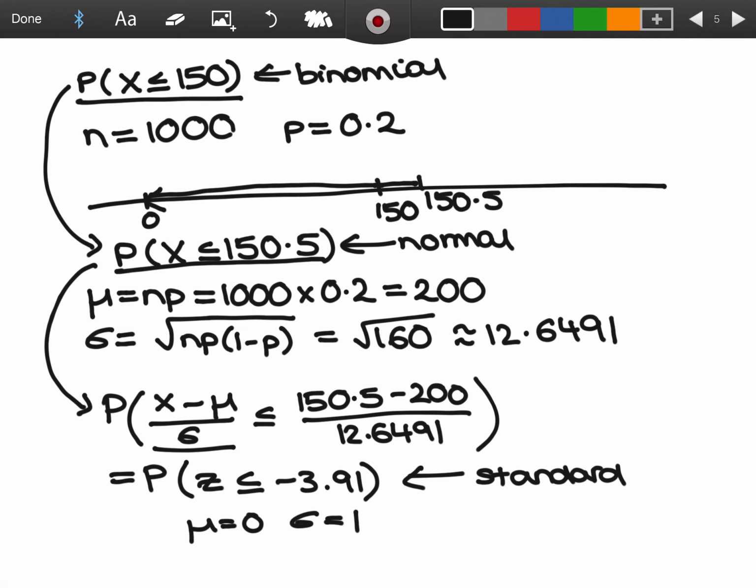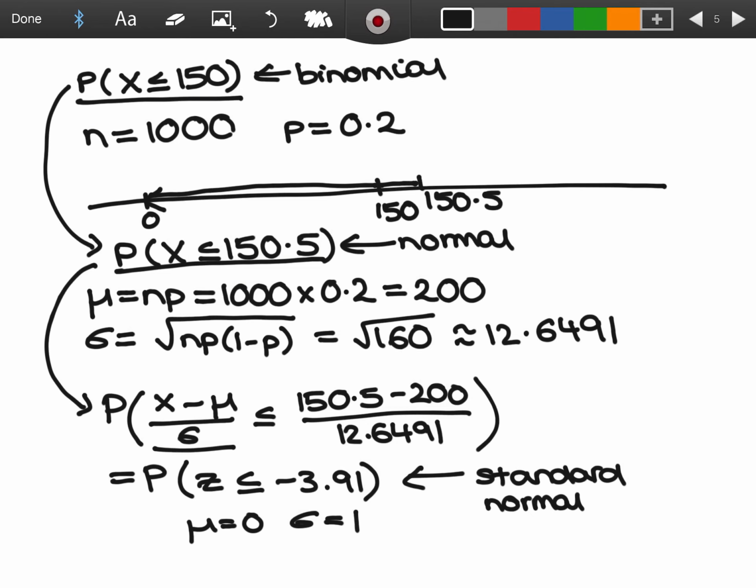So you went from a binomial discrete distribution where you had a mean of 200 and a standard deviation of 12.6491. You then approximated that binomial distribution with a normal distribution that had the same mean and standard deviation as before, but you incorporated that continuity correction into it to get it to a continuous distribution.